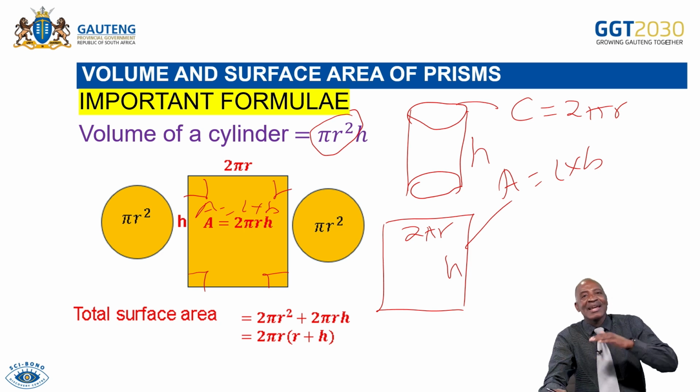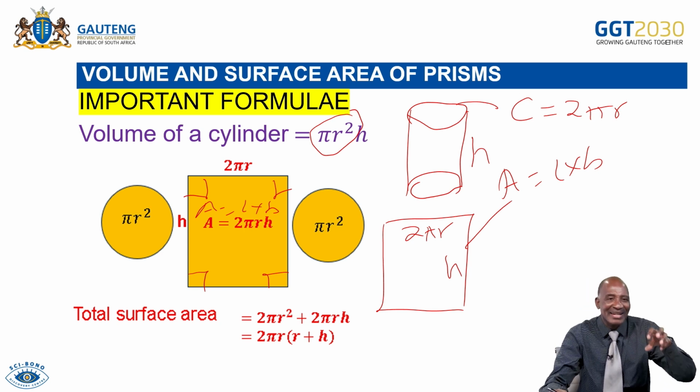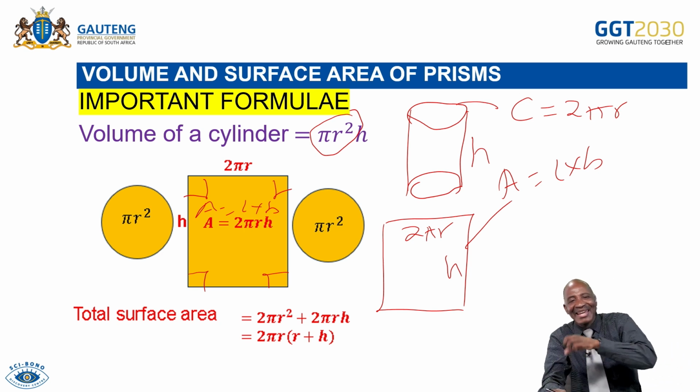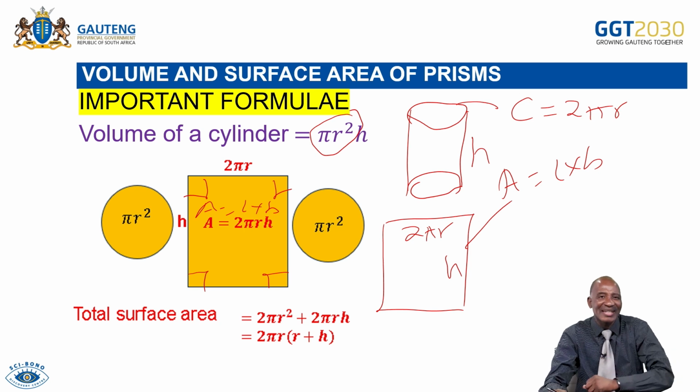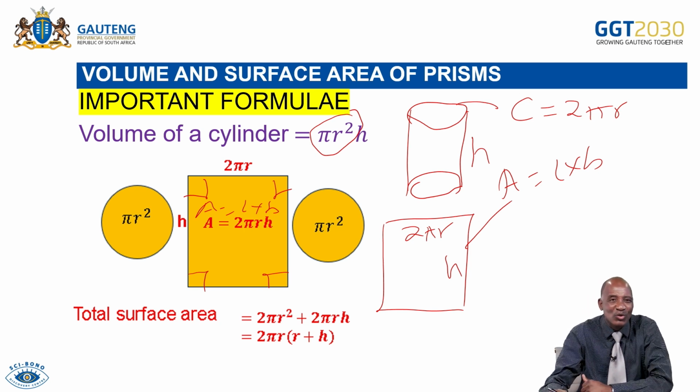But since the containers are sealed on both ends, it means we have a ring at the bottom and a ring at the top. Hence we sit with 2 rings here. As long as it is sealed on both ends, we are going to have 2 rings and a rectangle when we cut that curved surface area open. That gives us 2 pi rh as the area.